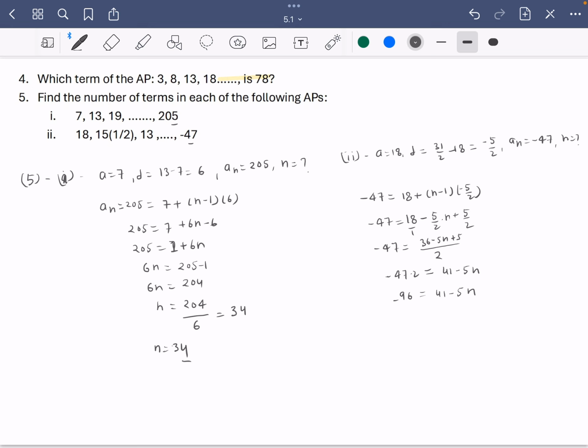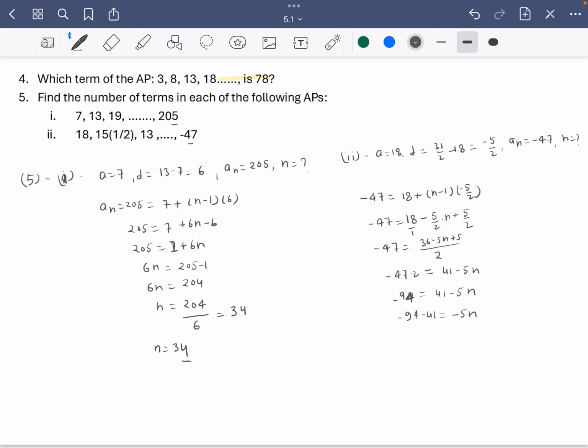Did I do something wrong? Oh, it should be 94. Negative 94 minus 41 is negative 5n.